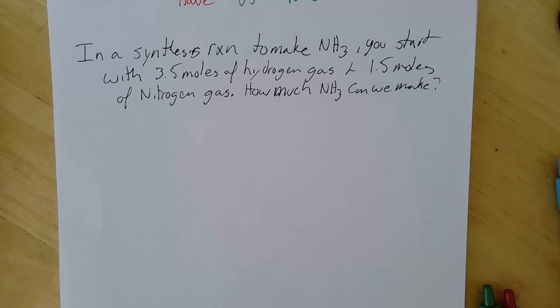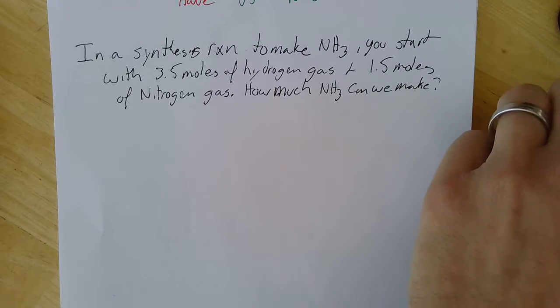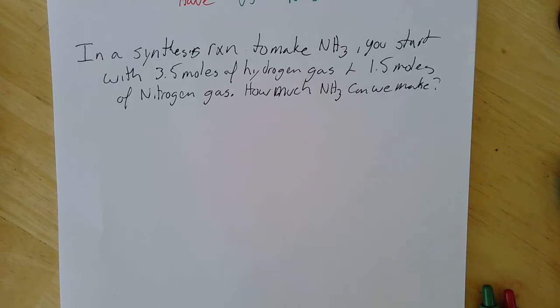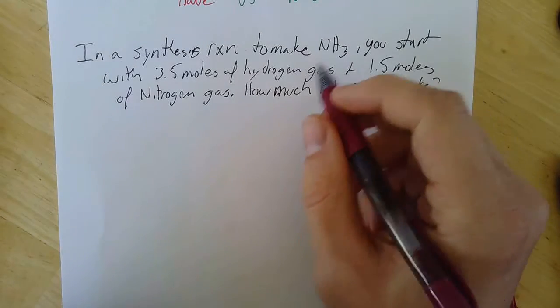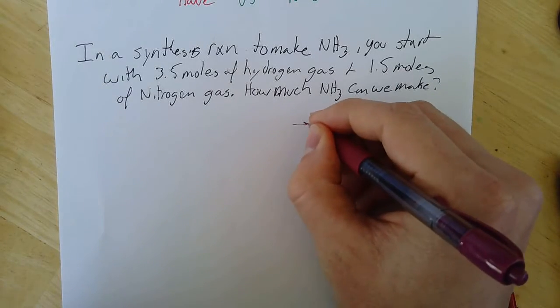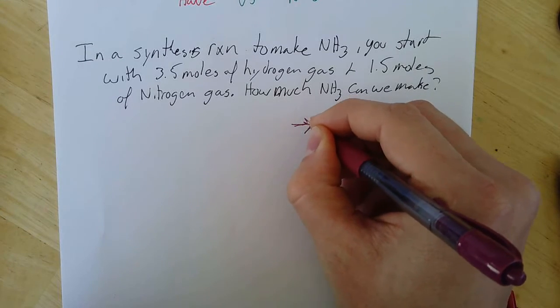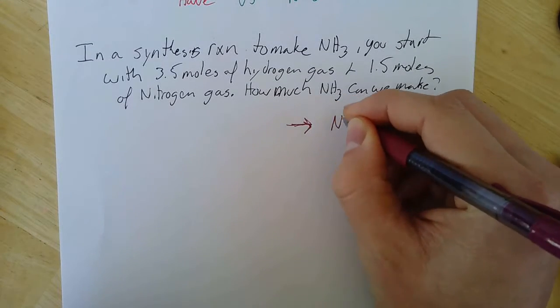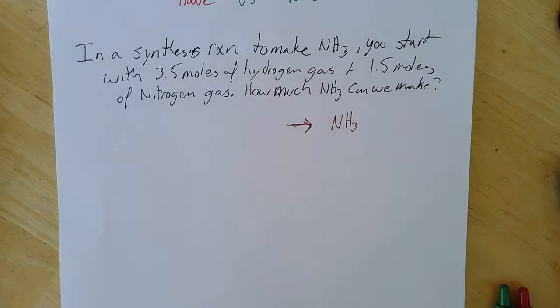It says, in a synthesis reaction to make NH3, you start with 3.5 moles of hydrogen gas and 1.5 moles of nitrogen gas. How much NH3 can we make? Knowing this chemistry, we first must start with a balanced chemical equation. So we're going to make NH3, and I'm going to write down my arrow and write NH3 right here, because we have to do stoichiometry to solve any of these problems.